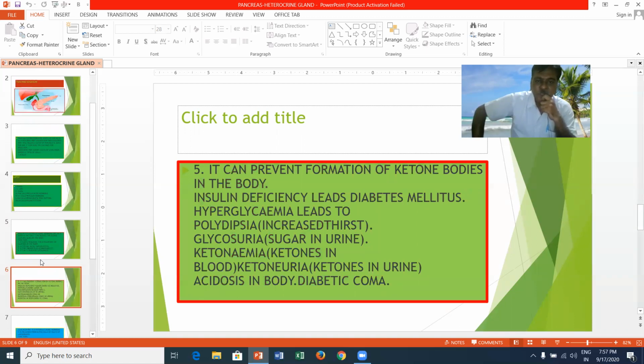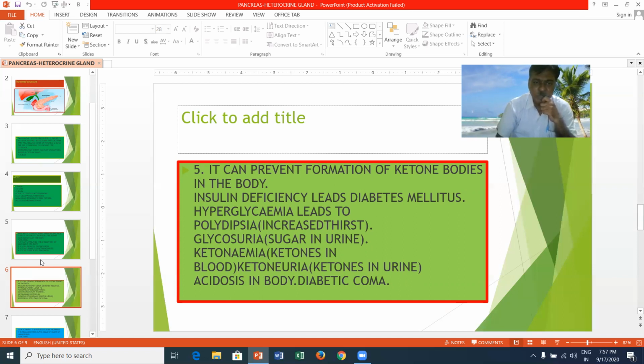Insulin deficiency leads to a disease called diabetes mellitus. Here, this hyperglycemia in the body will lead to polydipsia, that is increased thirst, and glycosuria, sugar in the urine, ketonemia, that is ketone bodies in the blood, and ketonuria, ketones in the urine. If ketones are present in the urine, we call it ketonuria.